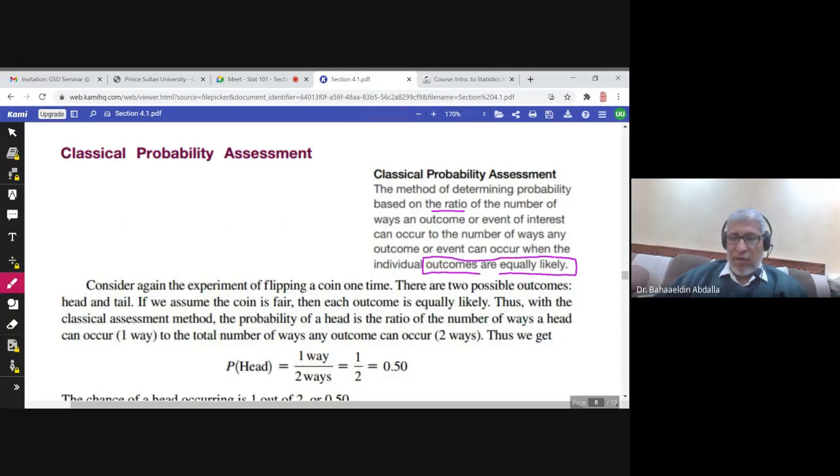Equally likely means each outcome has the same probability or the same chance to happen. So, for example, drawing a card from the 52 cards is an equally likely experiment because each card has the same chance to be picked.